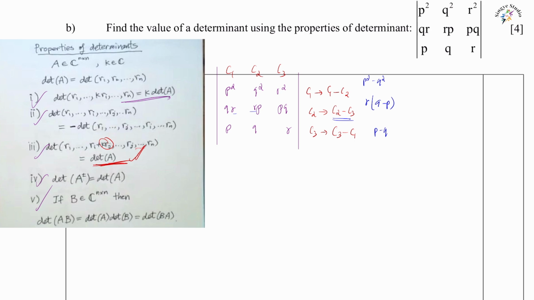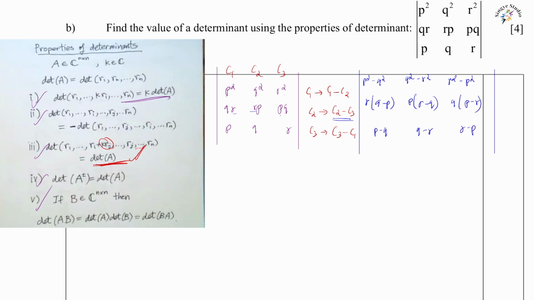And column 2 also will get q squared minus r squared, and here we have p as common, so take p as common, and what's left is r minus q, and here q minus r is left, right? And here column 3 minus column 1, so we'll get r squared minus p squared. Here you see q is common and we have p minus r, and here r minus p, okay?